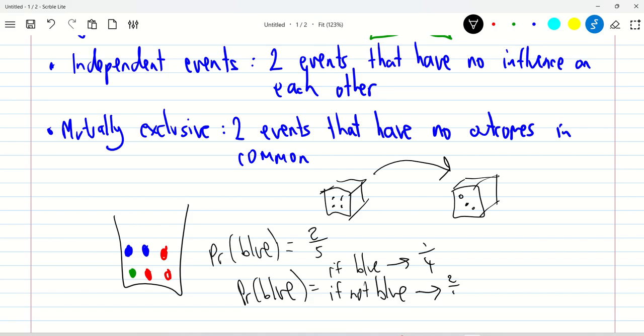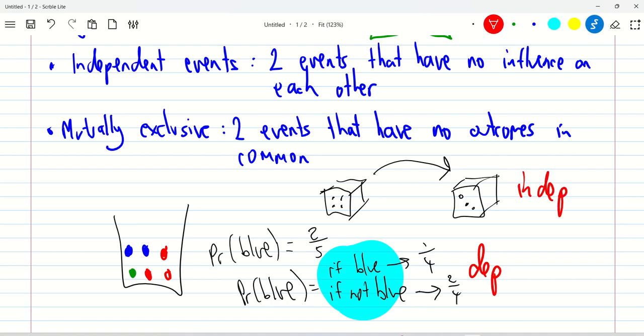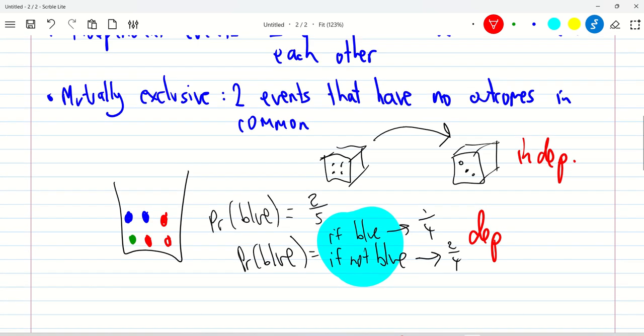Then you get a probability of 2/4. And so you can see that that is dependent. Because we need to know what happened on the first roll, that influences the second roll, that would be dependent. So let me just write that here. That's dependent. That one is independent. So you need to look from one event to the next event. Does it have an influence on what happens next, on the calculations? Hope that makes sense. It's a really key concept, independent events.